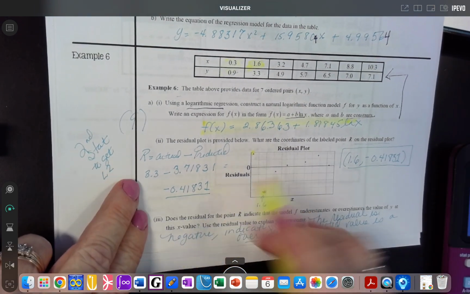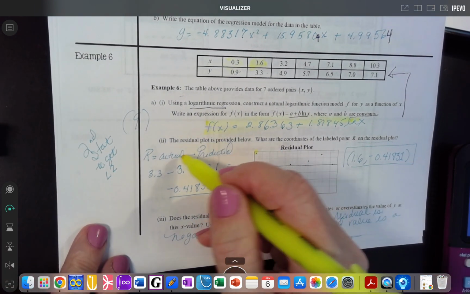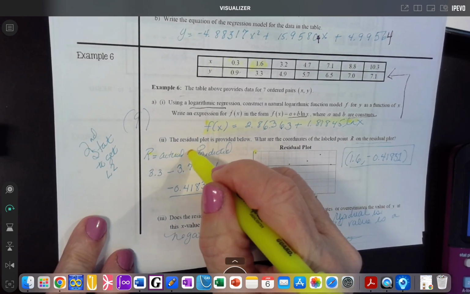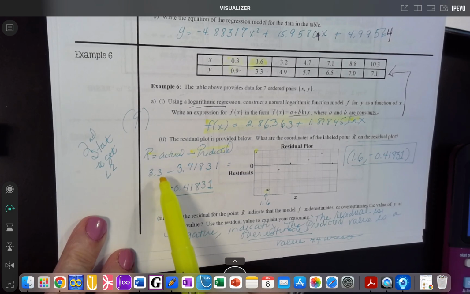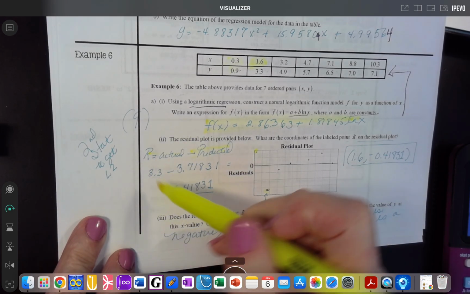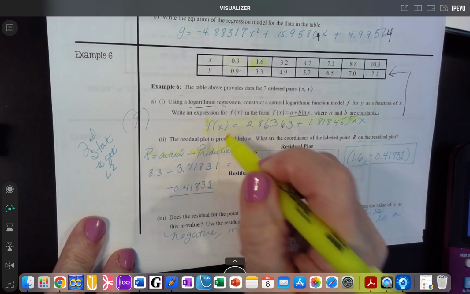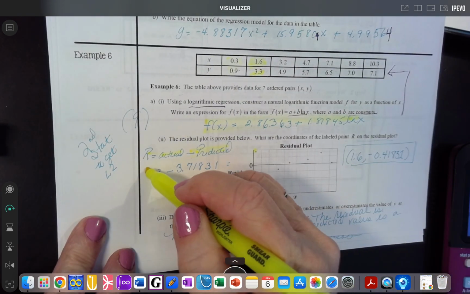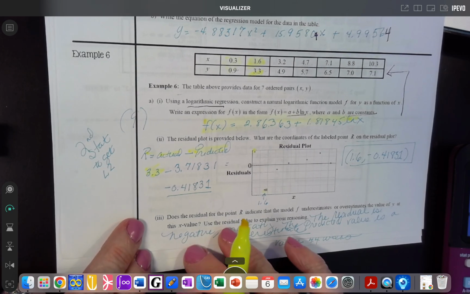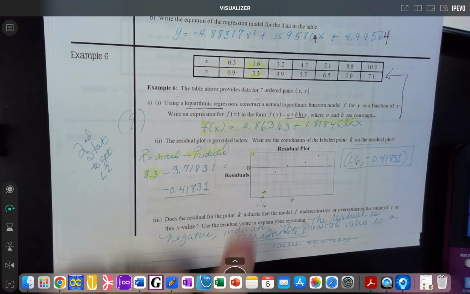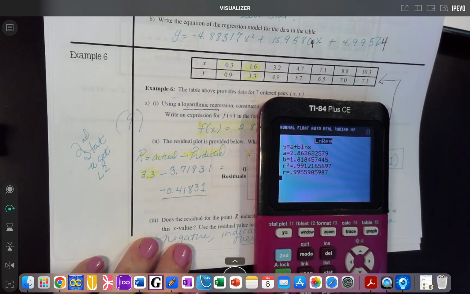So how do you know what point that is? Well, remember back, the residual is the actual minus the predicted. So the actual up here was 3.3, and my residual would be if I put in 0.3 into my function.